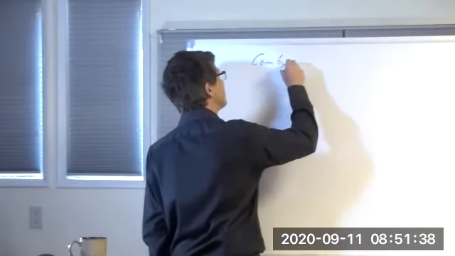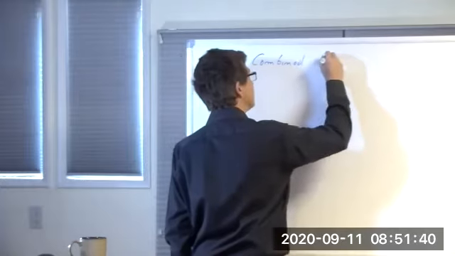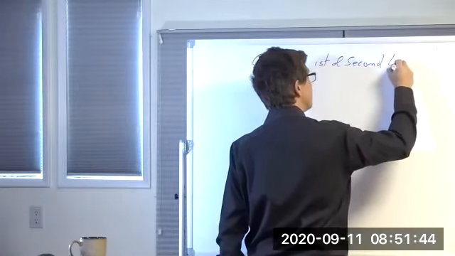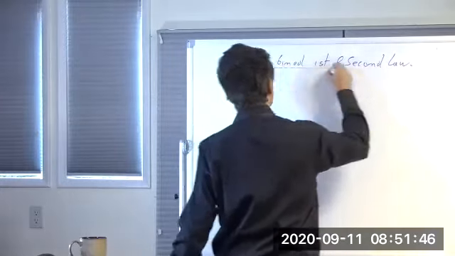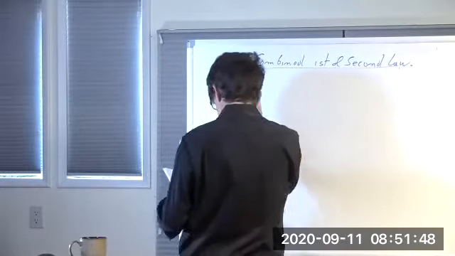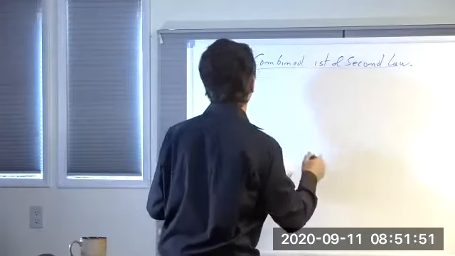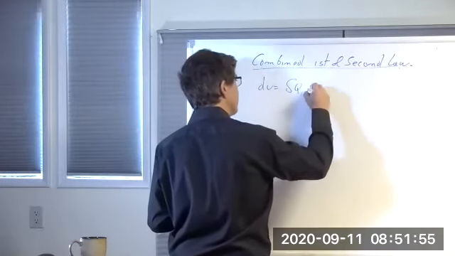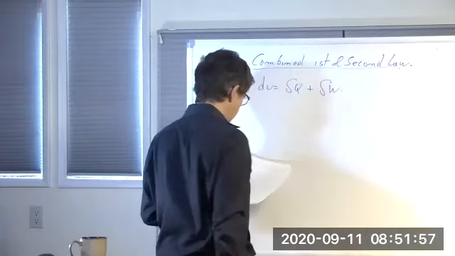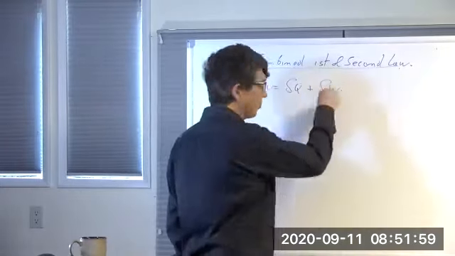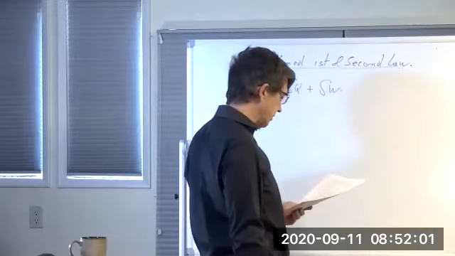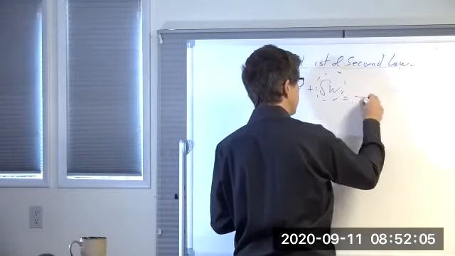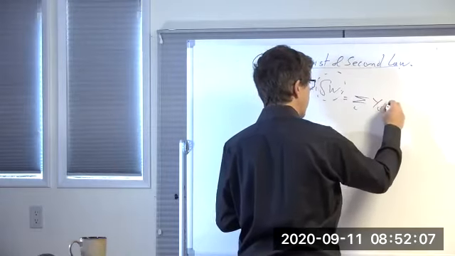The combined first and second law. So, we started by writing the first law in terms of flows. And then we figured out how to write the work in terms of variable changes of the system, right? In general, this is written as sum over i of yi dxi.